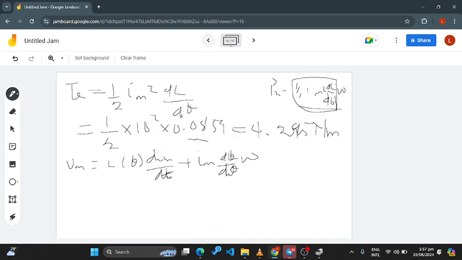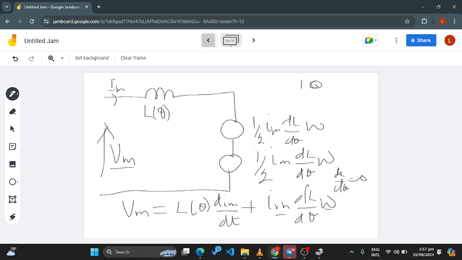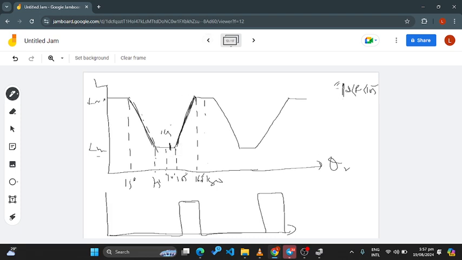I know how currents change during this side, during here. So during this constant, I know how the current changes with respect to angle. I know the current change from 0 to 10, but I don't know how the current changes with respect to time.